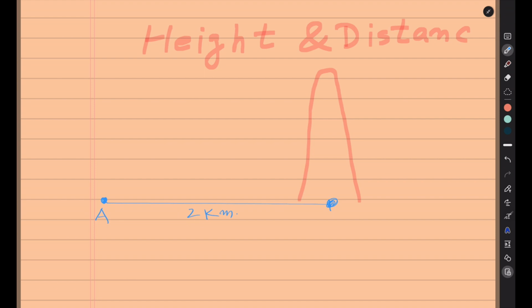This is the base of the tower, and this is where you are standing, and then obviously you will have some height also. Say you have 1.5 meter height, and you are standing around 2 kilometers, which will be 2000 meters, from the base of the tower.